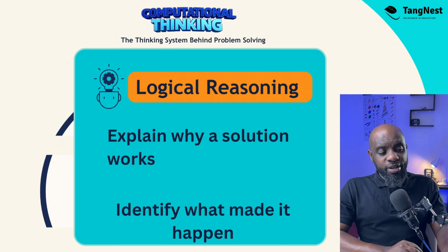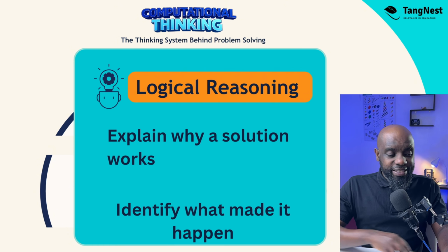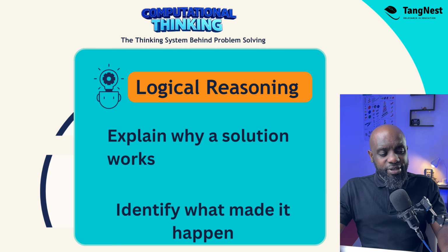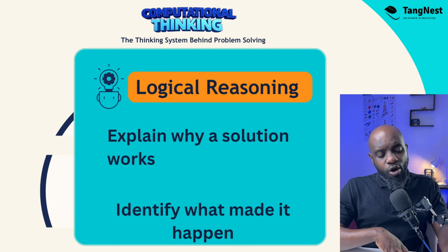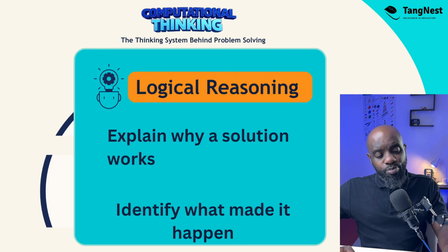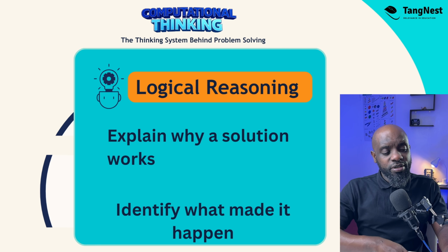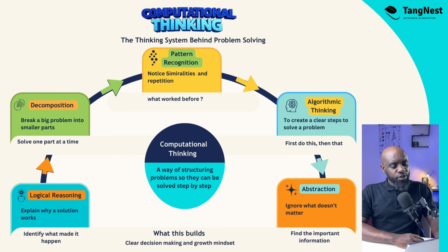Kids learn to explain why a solution works. Instead of guessing, they learn to identify what caused the results. The cause-effect concept. So when kids practice this thinking behavior, they understand that every output depends on input. Those are the 5 thinking habits of computational thinking.